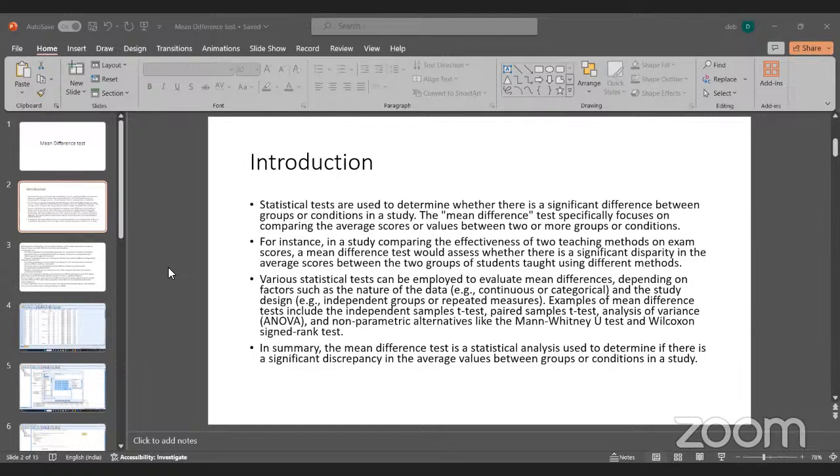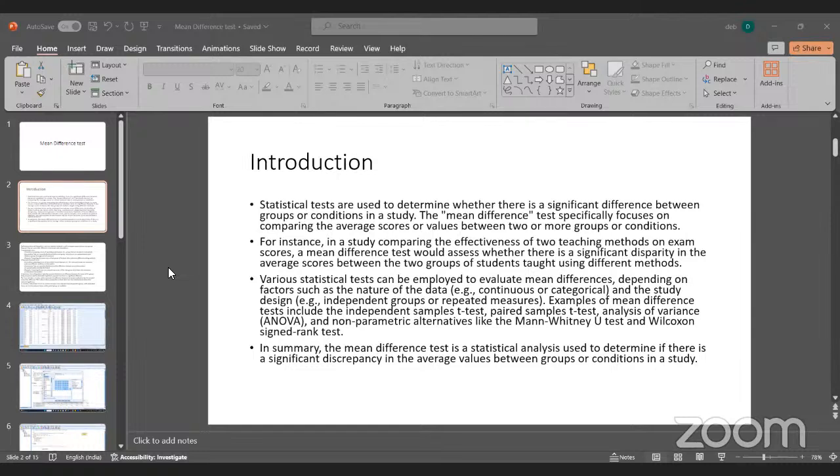For example, in case of experimental research related to pre and post experimental research, or in case of the psychological test construction, we are following the test-retest reliability. In that context, also we can use the paired sample t-test.